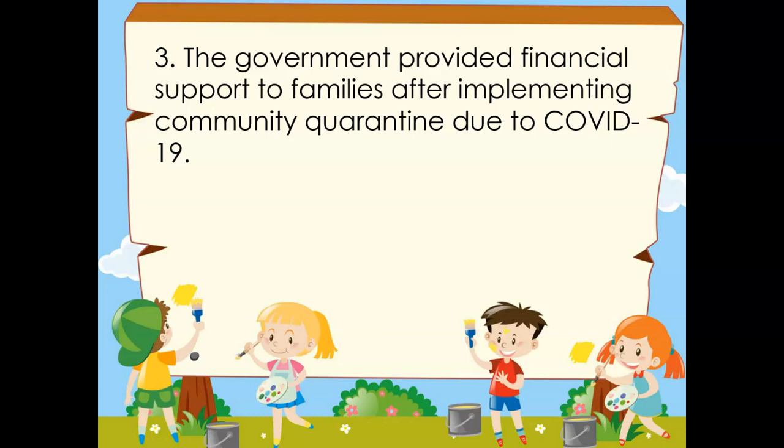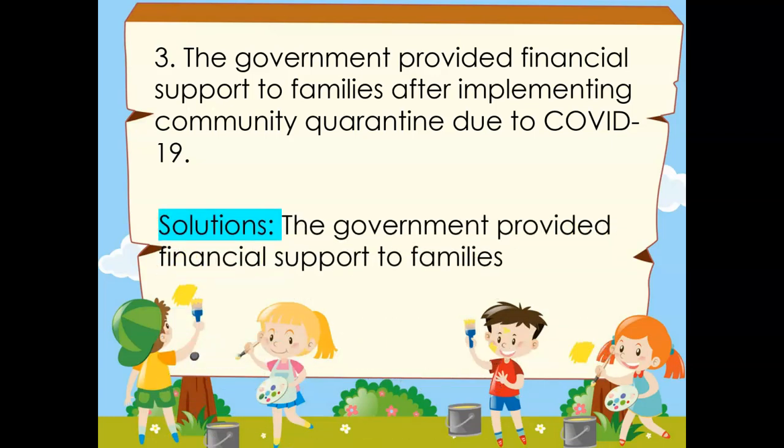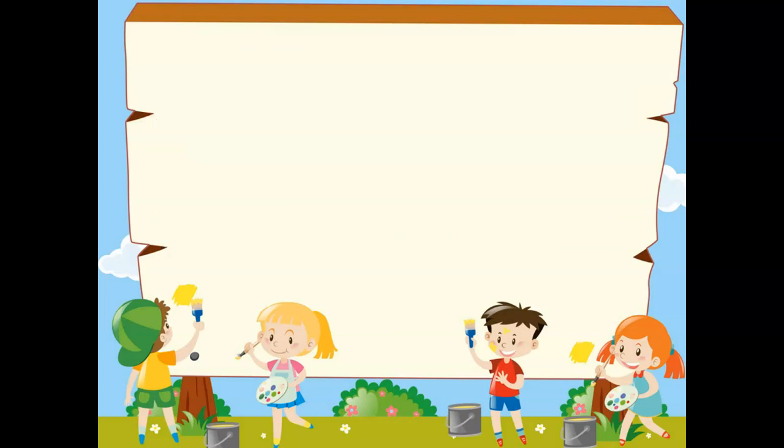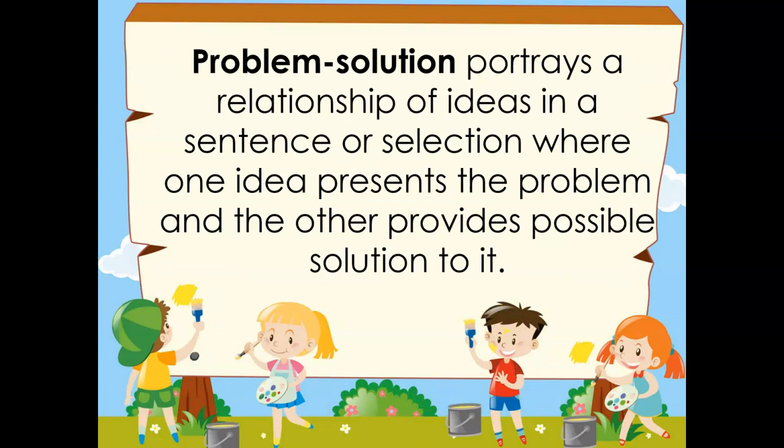So, what do you think is the possible solution in this problem? So, the problem is COVID-19. Okay, so what do you think is the possible solution? So, the solution is the government provided financial support to families.